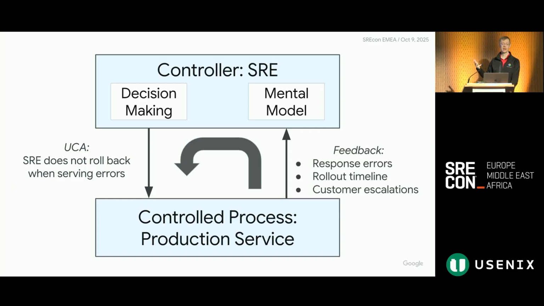And in our diagram, we might have multiple types of feedback coming to our controller, but in order to build our question, we're going to pick one feedback. And for this example, we'll use the feedback that's present in the context, which is response errors. Now, there's two possibilities here. Either that feedback is safe, or that feedback is unsafe.